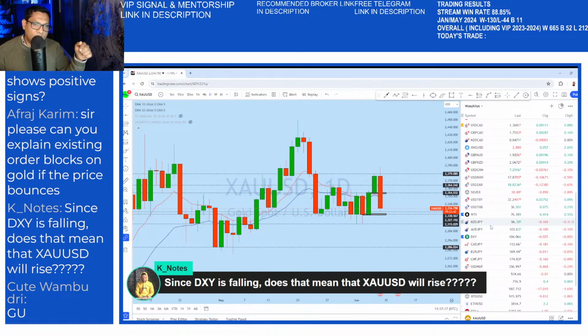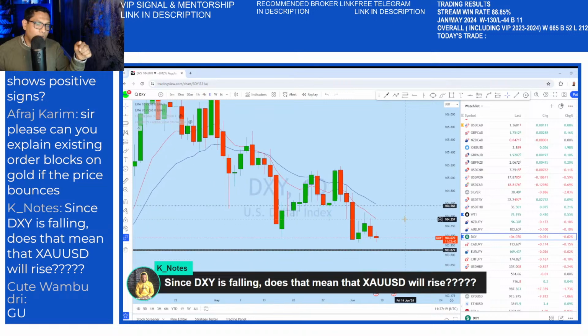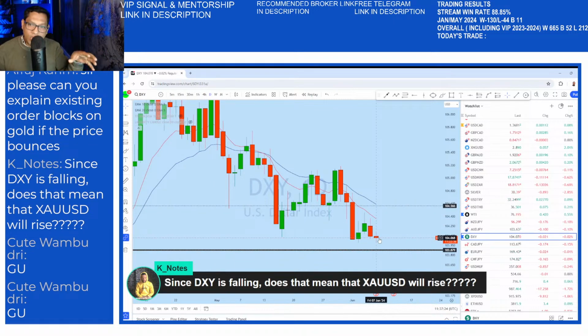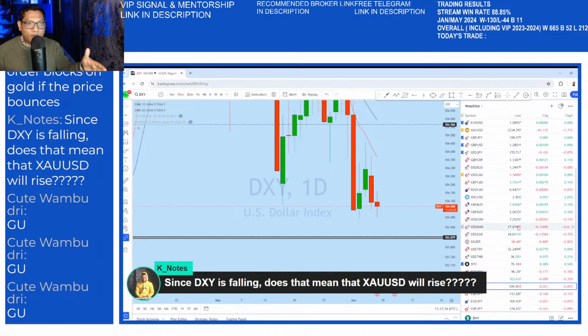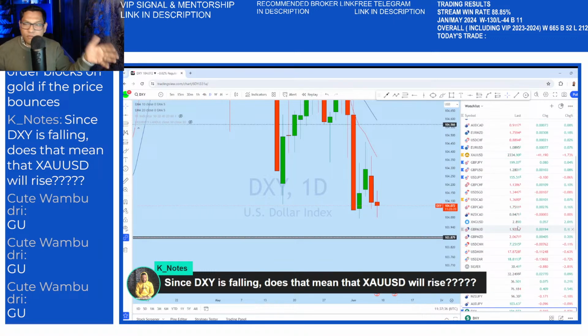But if you go to the DXY, we can see that it's a red candle. So it's not a huge red candle, but it's a red candle. So today it is not reflecting as it should. Am I right? Because even if I'm not right, that's fine. Being a trader means that you frequently have to be wrong.